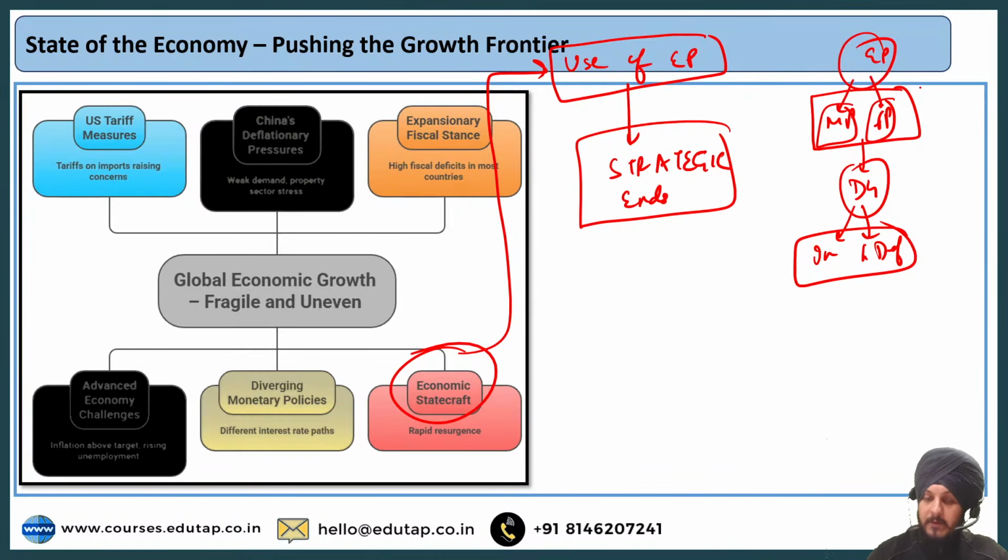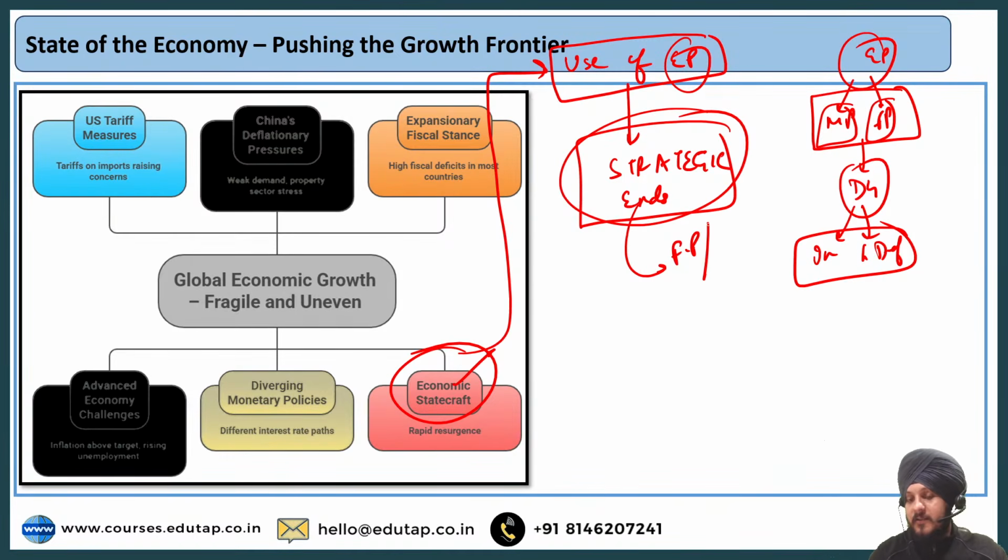But when I talk about economic statecraft, it means that we are using these economic policies, different types of economic tools, in order to meet strategic ends. When I say strategic ends, it can be with respect to foreign policy, or national objectives or national security objectives.